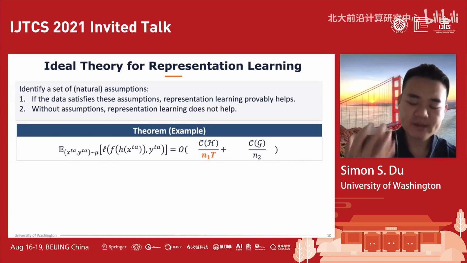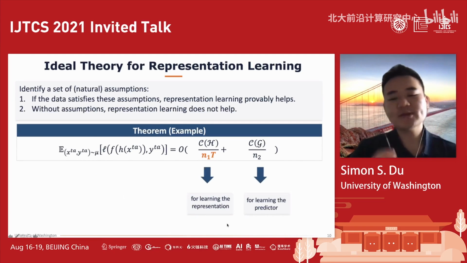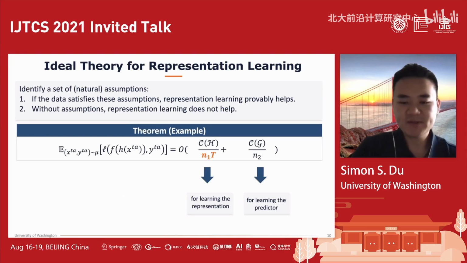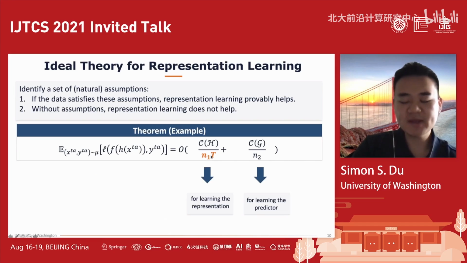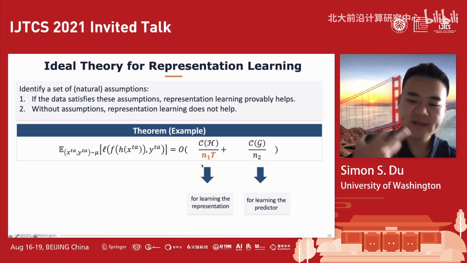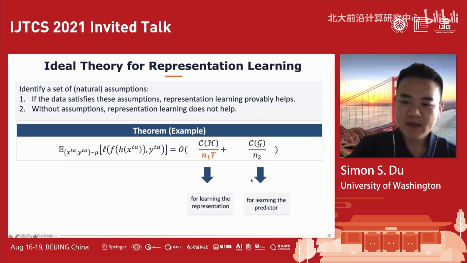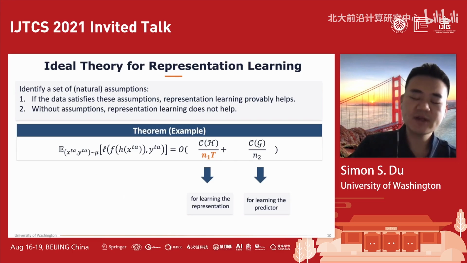Because to learn the representation, we use all the source data from the source domains, and in total we have N1T data. So instead of N2 being the denominator, we have N1T in the denominator, which represents that we use all the N1T data to learn the very complicated representation function. And the second term is somehow unavoidable, because for learning the linear classifier you only use N2 data. This is what we hope to get.